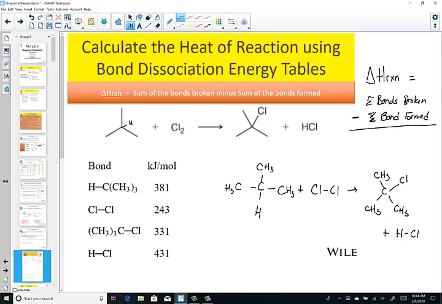When I take the sum of bonds broken, which are on the left side, reactants break bonds, and I subtract the sum of all the new bonds that formed from the product side, we'll find the delta H of the entire equation.